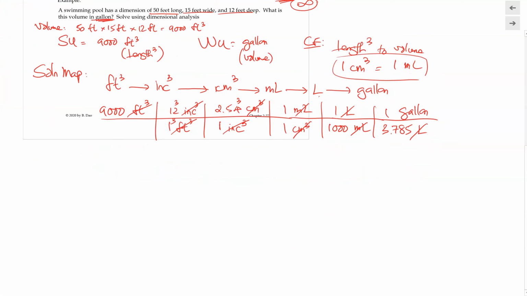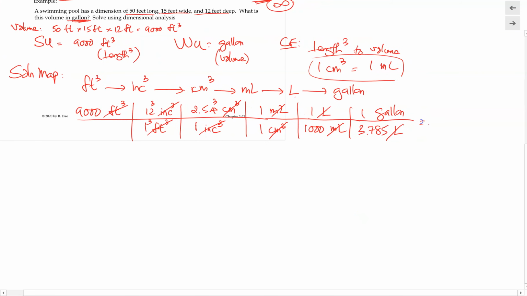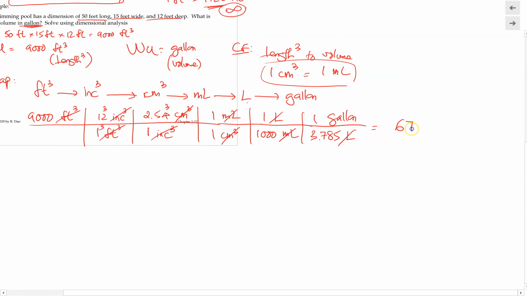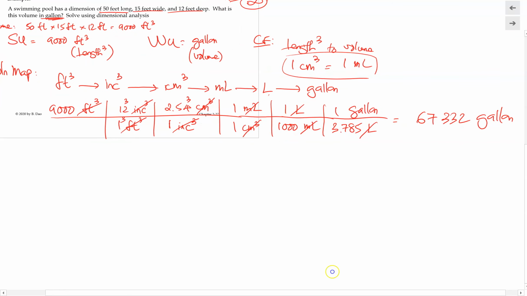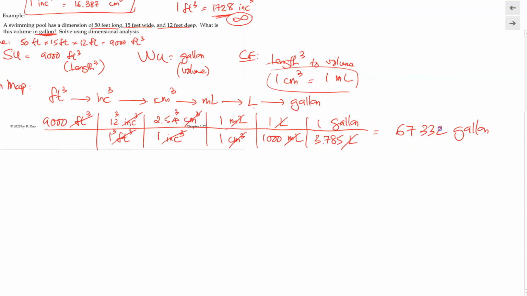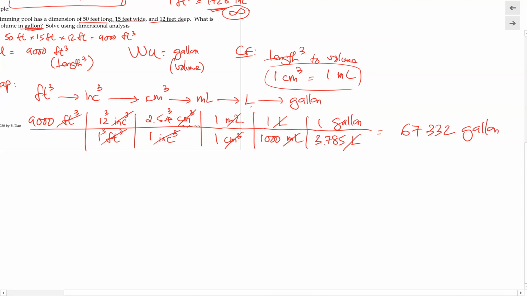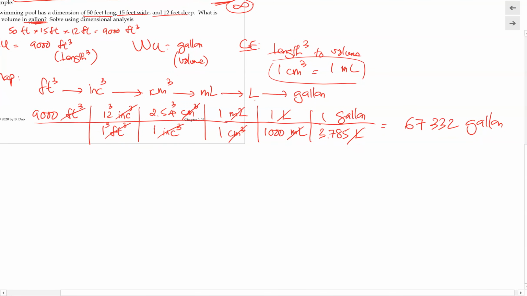So in the end, when we multiply all of this out, the answer would then equal 67332 gallon. Now let's actually be very careful. I'm going to show you how to plug this into your calculator.